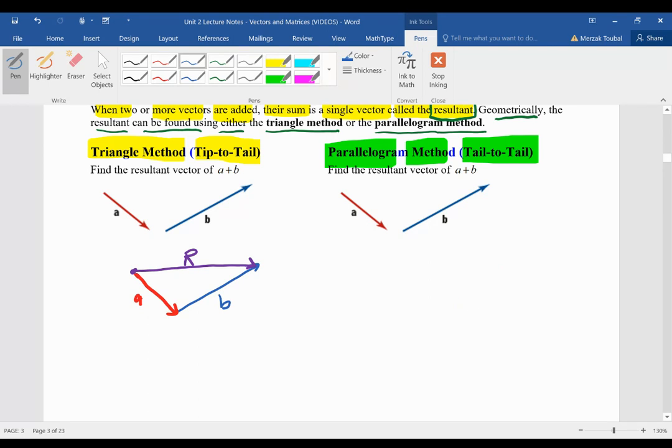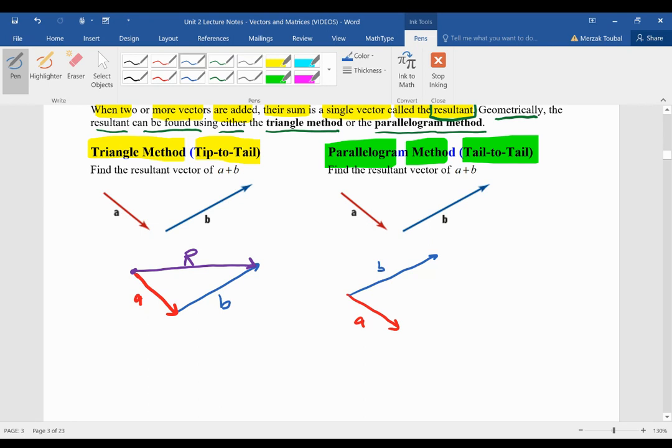Okay, so let's replicate vector A. This is A. I'm going to translate vector B. All right, here's vector B. Translate it. It may not be perfect, but I try. Okay. All right, so this is vector B. Now, both tails are connected.